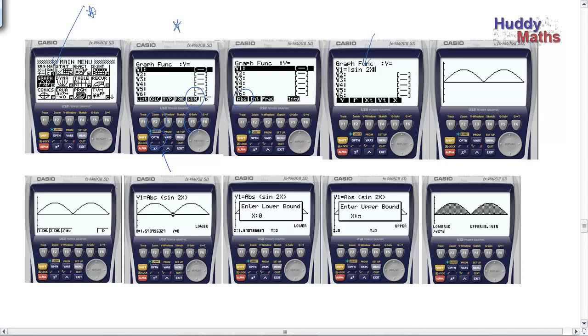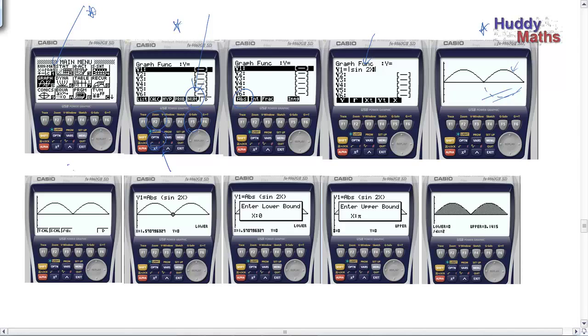So you've got to put the abs in here, and then when abs comes up, the absolute value sign, put the function in. Just watch that. Absolute value occurs in a different place here in graph mode. You've got to choose options and then go to number and get your abs out of there, whereas in run mode, you've got to find the complex button. Okay, so then you draw the graph and see what it's done. It has, instead of doing a proper sine 2x, made that positive, and it sits up there.